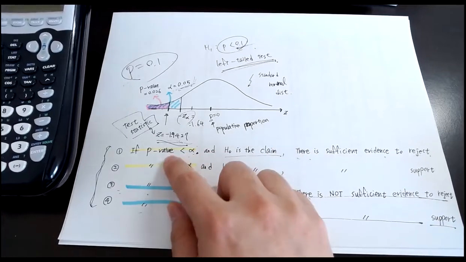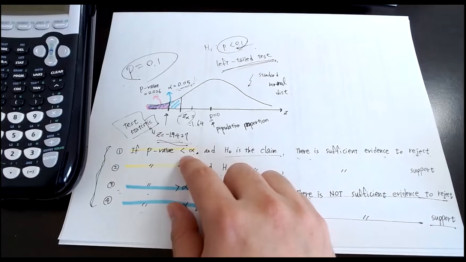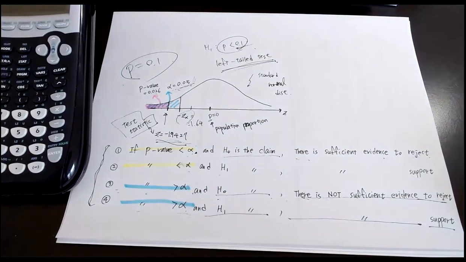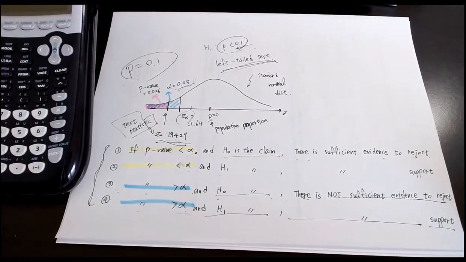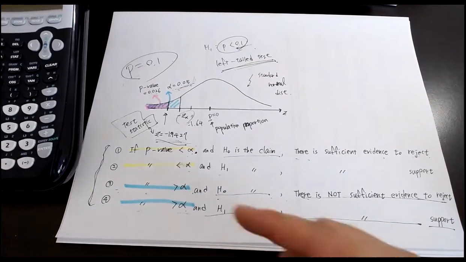Since half of the p-value is less than half of alpha, we reject the null hypothesis. It means that we reject the claim that p equals 88%, that 88% of all airline flights are on time, based on that evidence.